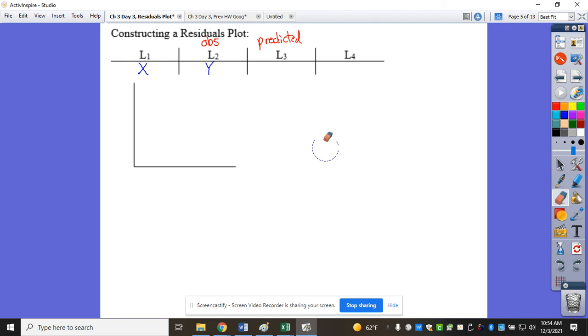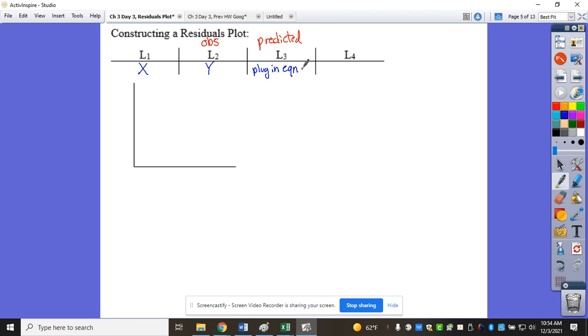Plug it into your equation. You can apply an equation to a whole list. You plug the whole equation in as list 3, which again, I'll show you in a second.